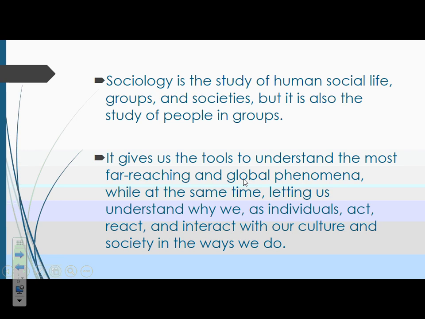So sociology is the study of human social life, in groups and societies, but it's also the study of people in groups. It gives us the tools, pay attention to this, it gives us the tools to understand the most far-reaching and global phenomena.